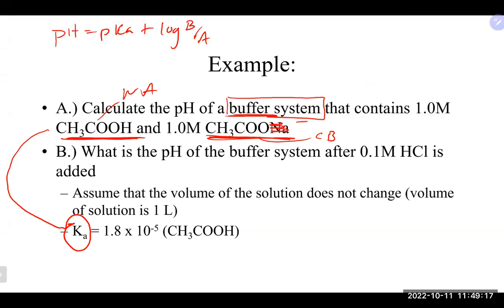So the earlier question was, do you need to do it in moles? And the answer for part B is you do need to do it in moles. I think we were touching upon this at the very end last time. Whenever you add volume from one liquid to the next, the molarity will change.